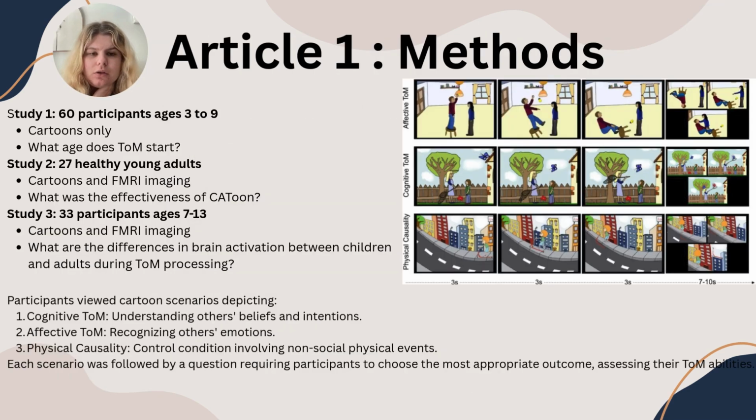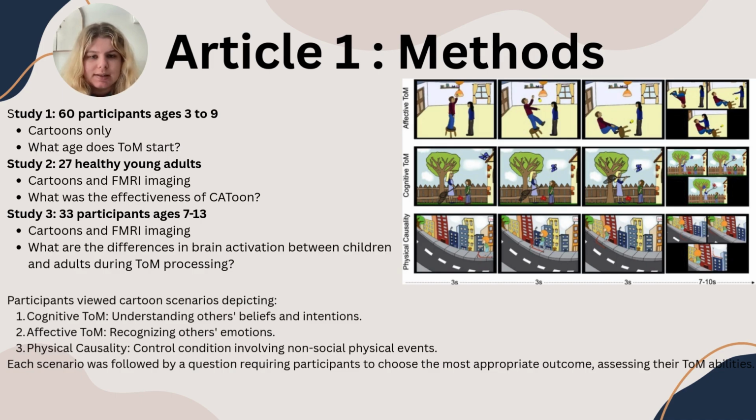This research article is actually comprised of 3 different studies, each with its own investigative question. Study 1 was comprised of 60 participants, ages 3 to 9. This used the Katoon task only, and it asked the question, at what age does theory of mind actually start? For study 2, there were 27 healthy young adults, and it used the Katoon plus fMRI imaging.